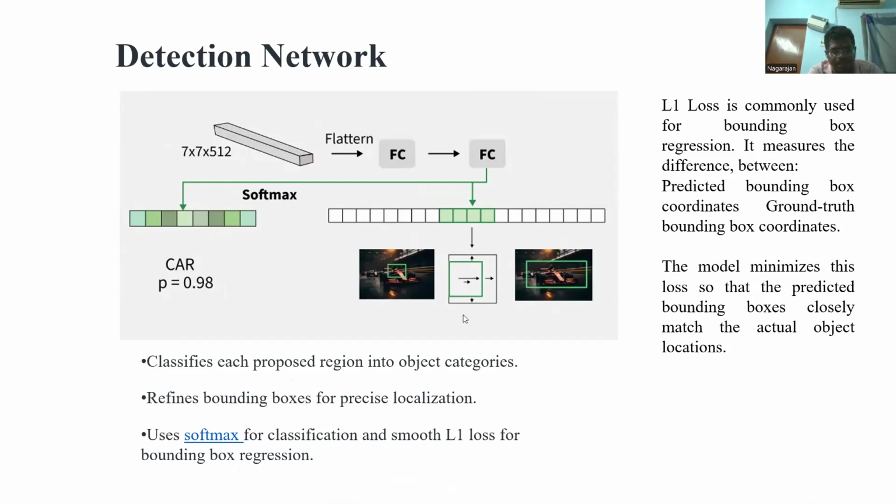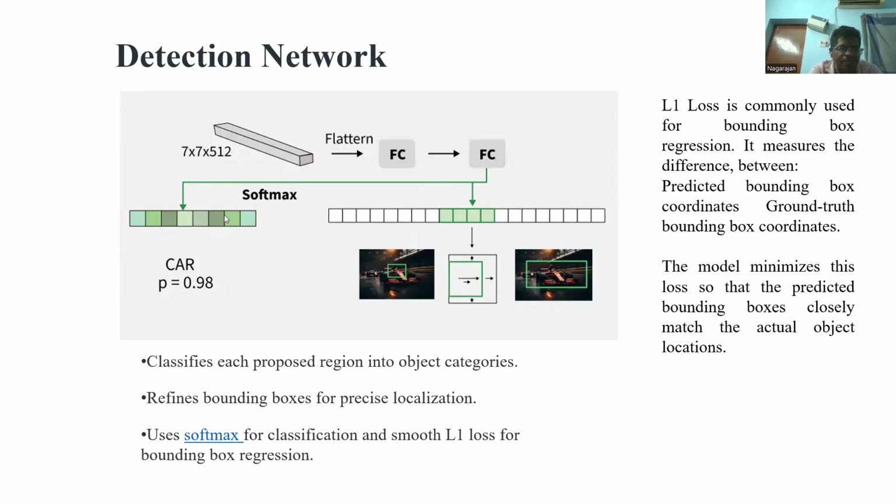This is very important because once we train the model and get the output, it should be visualized easily. L1 loss is one of the commonly used bounding box regression losses, which measures the relationship between the predicted bounding box coordinates and the ground truth coordinates. Suppose you train on a car and give a car as input, it will detect it.